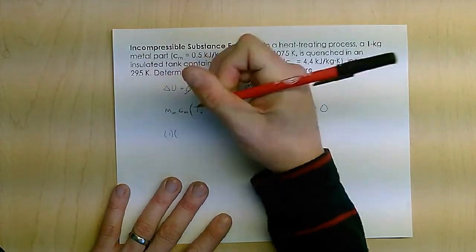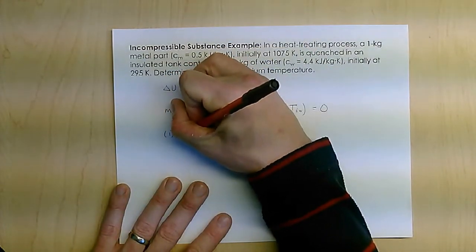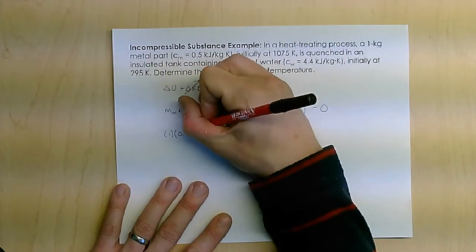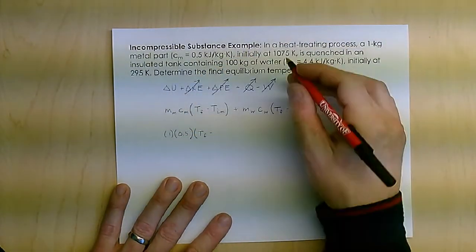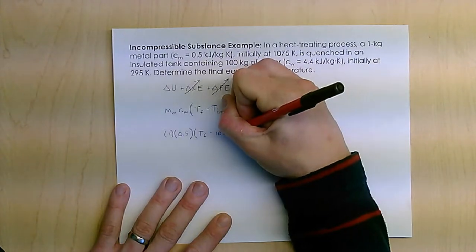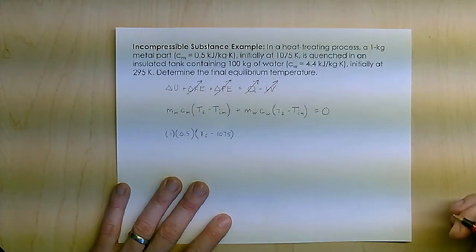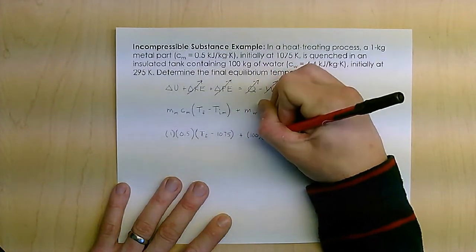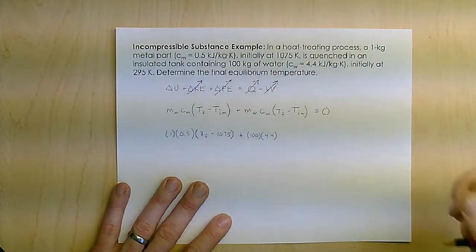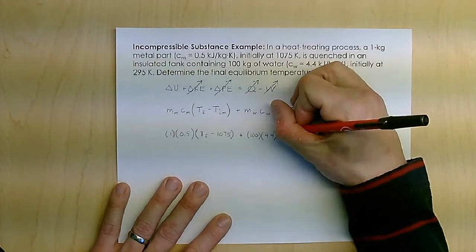So we got 1 kilogram, a half a kilojoule per kilogram Kelvin. That's the specific heat. T final, and then T initial is 1075 for the metal. Water has 100 kilograms. Specific heat of 4.4 kilojoules per kilogram Kelvin.